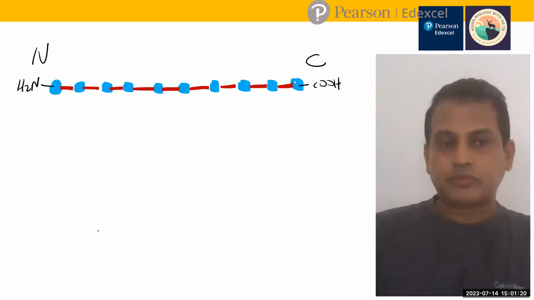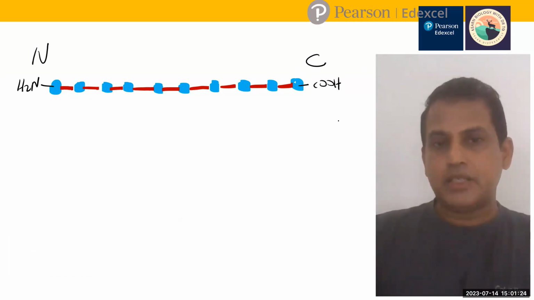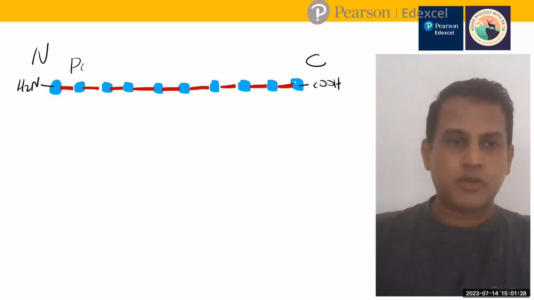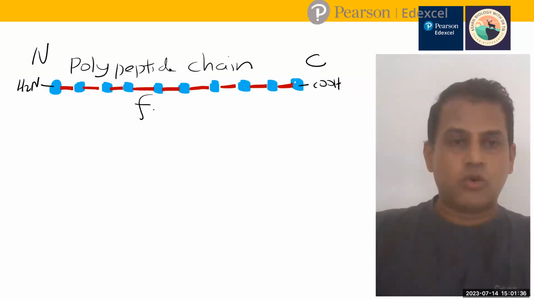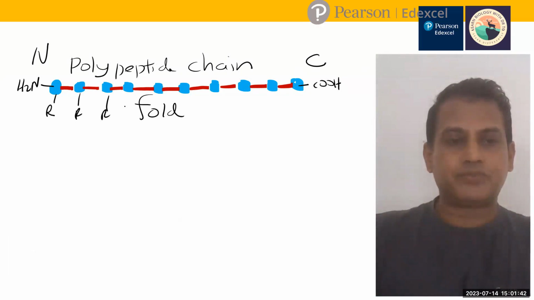So we can always find in a protein molecule these two termini. After that, we have learned this peptide chain. We call it polypeptide chain. Poly means many, peptide chain. They're going to fold. The folding results from interactions between these R groups.